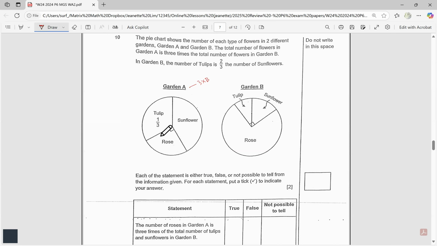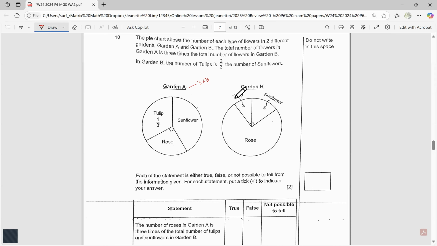This is 1/4 of the whole pie chart, right? Tulips and sunflowers is also 1/4 of the whole pie chart. And it is true that the roses will then be 3 times, because if your total is 3 times of B's total, then any equal portion of it will also be 3 times of Garden B.